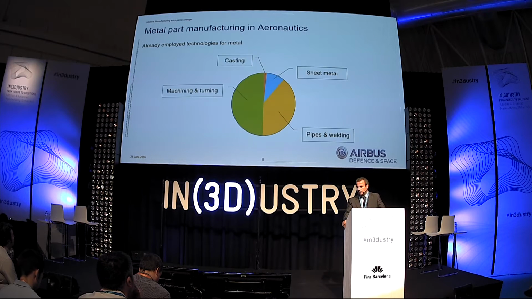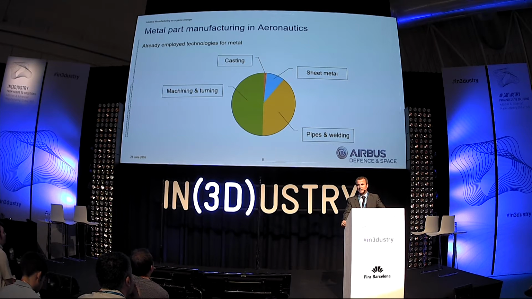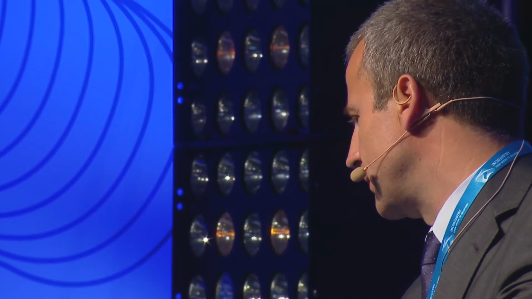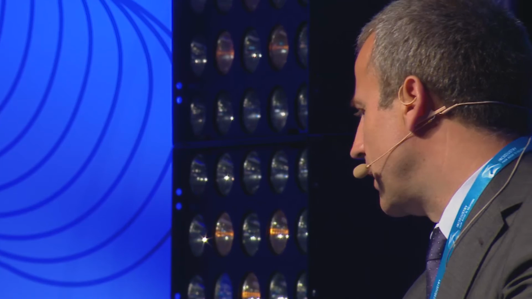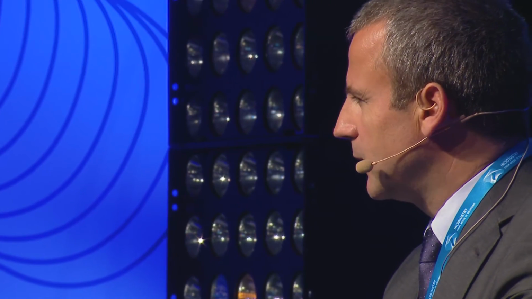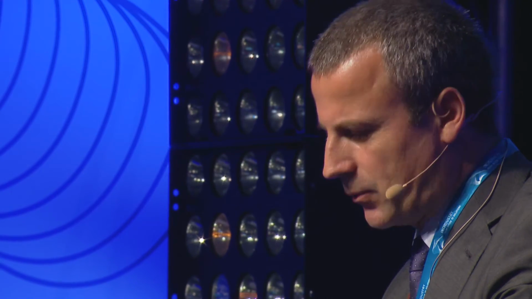Okay, up to now we have seen what is common to any industry, but I wanted to focus a bit on aeronautics. This is for the structure and the basic equipment of an aircraft, which shows the sharing of the different technologies. The bigger part is for machining and turning, and pipes and welding is also quite important.